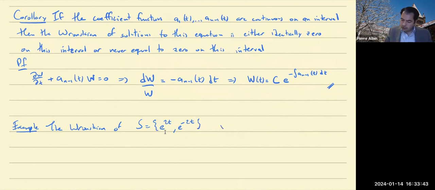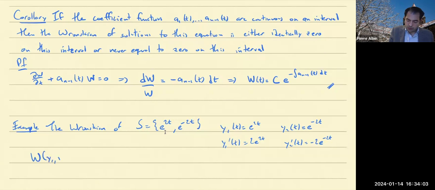So here, y1 of t is e to the 2t, y1 prime of t would be 2 e to the 2t, y2 of t is e to the minus 2t, so y2 prime of t would be minus 2 e to the minus 2t.